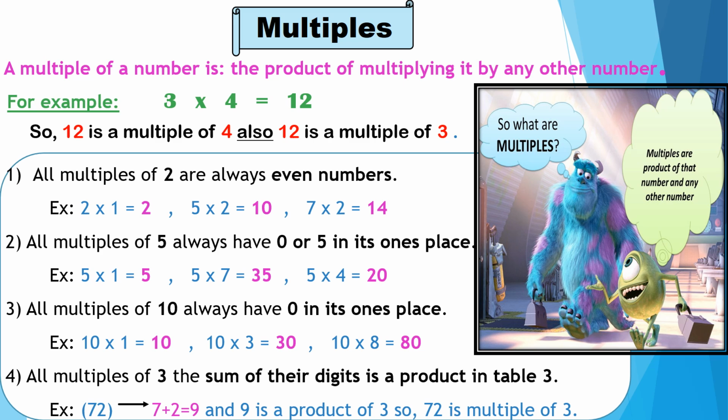Is this 9 a product of table 3? Yes, because 3 times 3 equals 9. So 72 is a multiple of 3. And this number 4, the multiple of 3 rule, is optional to know. But you must memorize very well the multiples of 2 and multiples of 5 and multiples of 10.